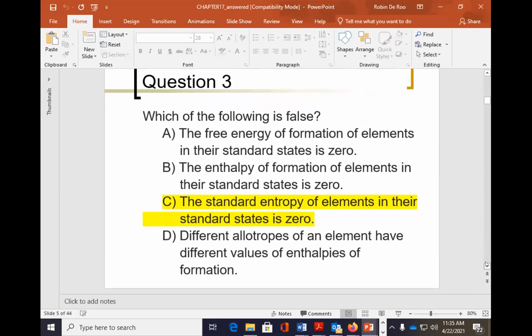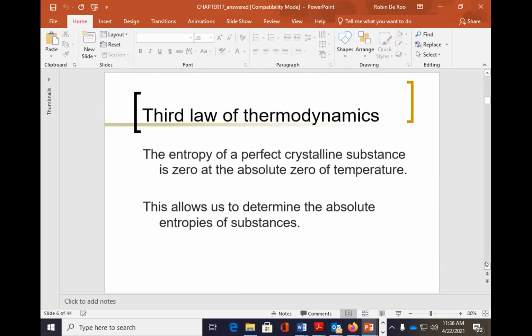This is from the table, the appendix 2. And everything's in reference to the perfect crystal.